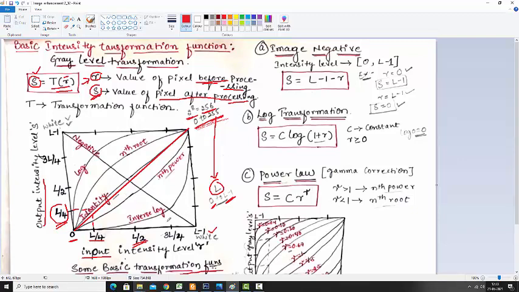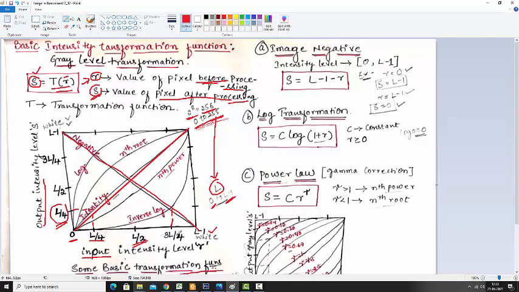Now if we think about the negative, it will be just the opposite. If I point to this point, it coincides with L by 4.